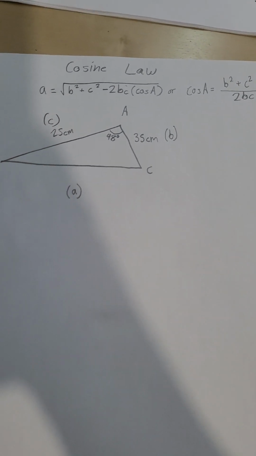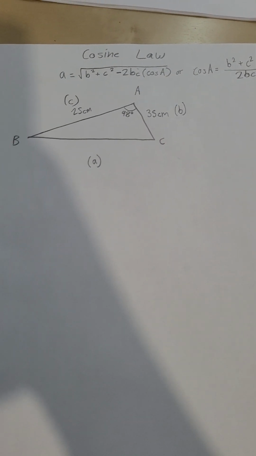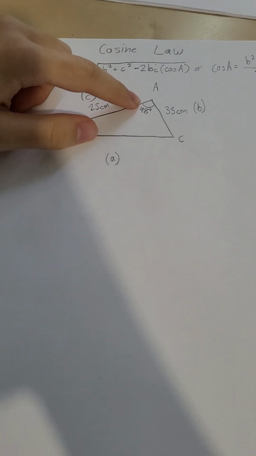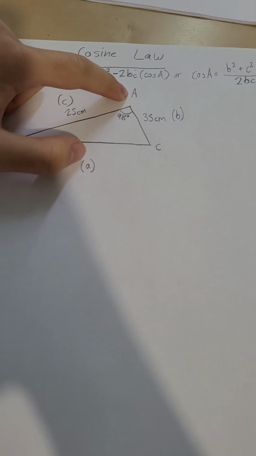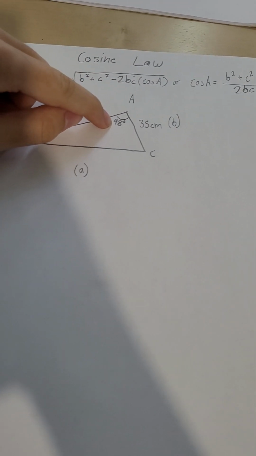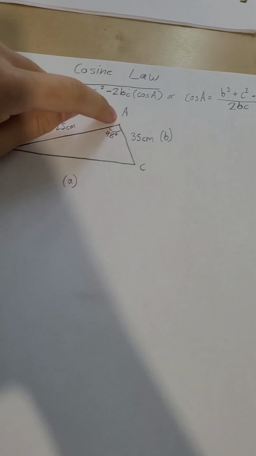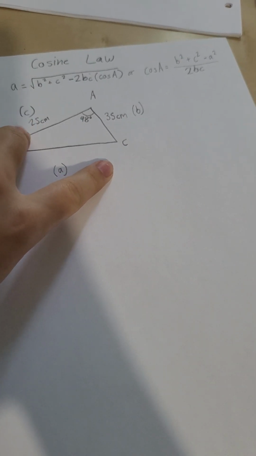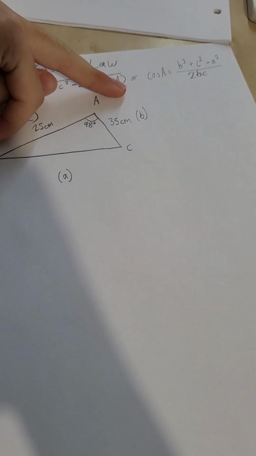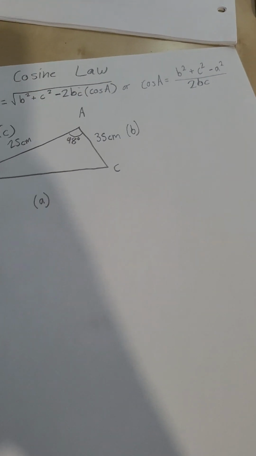Now, the reason why I use cosine law is because you can't use sine law, right? Sine law requires two letter pairs. This A and this A are a letter pair, but as you can see, there's a value for this A, but not for this A. So you can't use this letter pair, you can't use the C's, and you can't use the B's as a letter pair, because there's just no value for the other one.